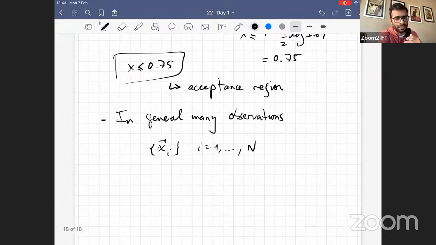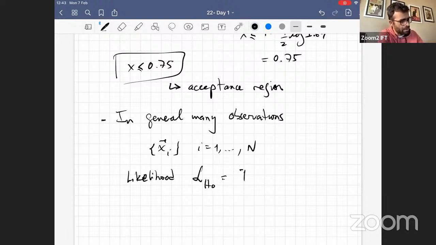Then the way to go here is to again construct the likelihood of this. So the likelihood of the null hypothesis here will be, okay, now you might need to make an assumption about independent and identically distributed data such that you can multiply all the likelihoods of every data point.